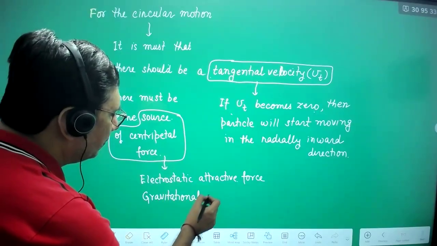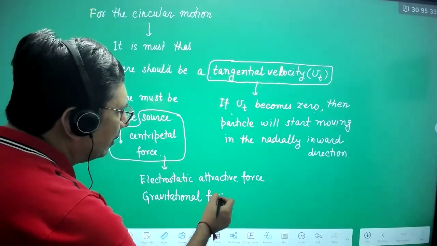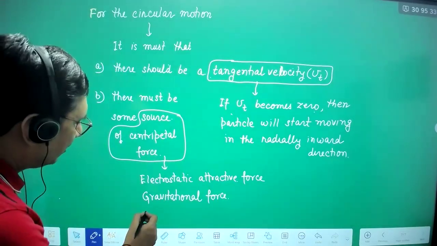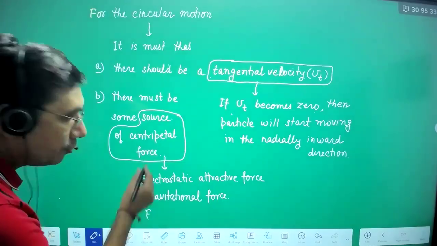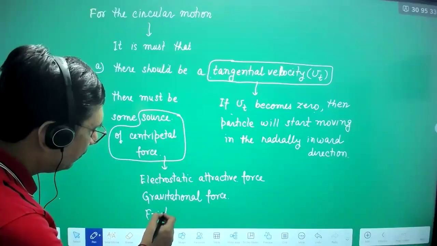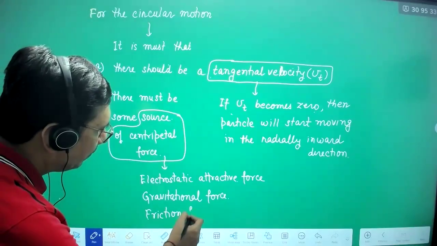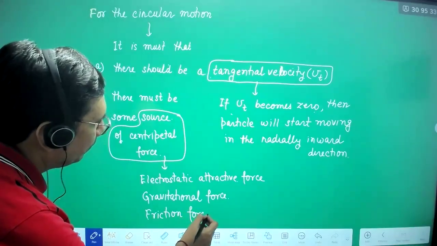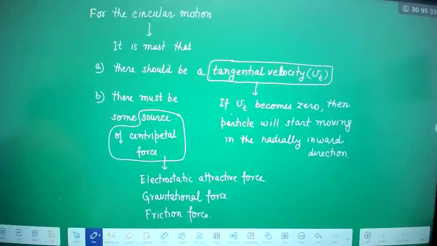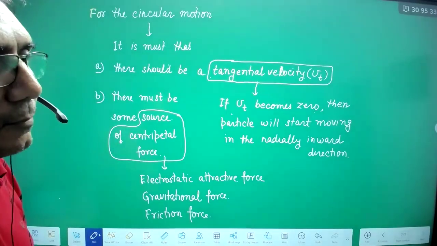If some car is taking a turn on the road, friction force can also act as a source of centripetal force. Friction force may also be there. Is it okay up to this point?